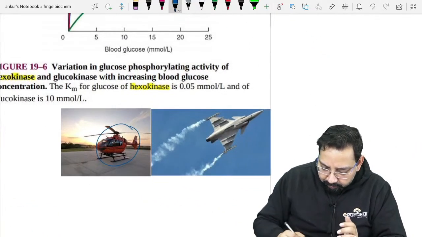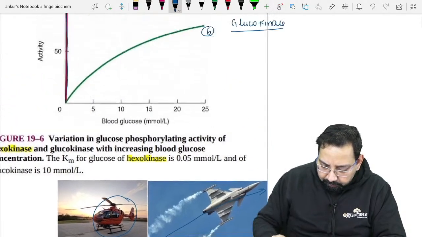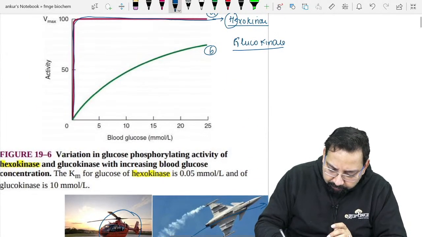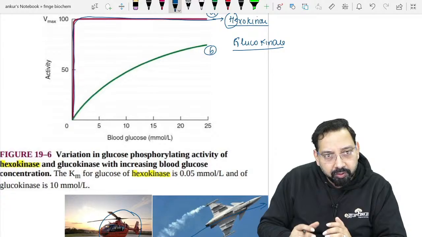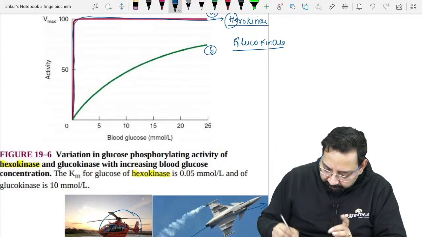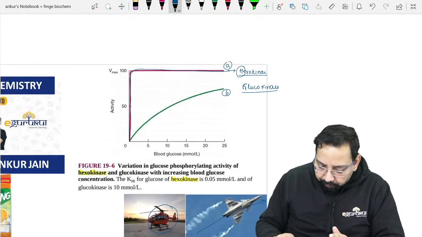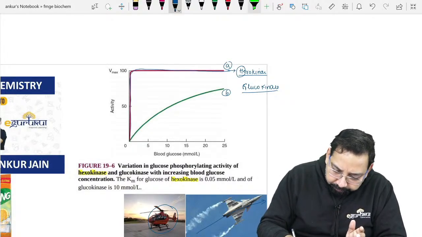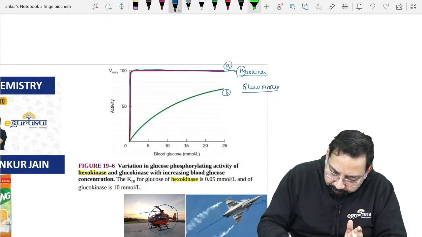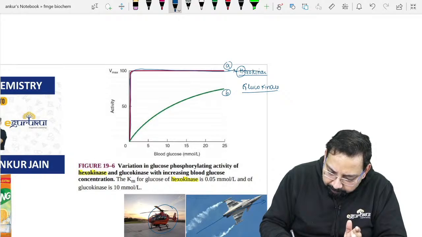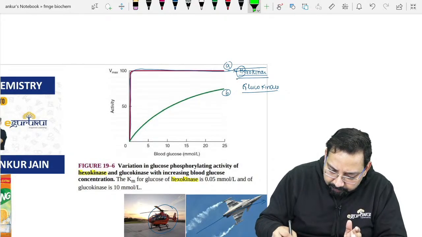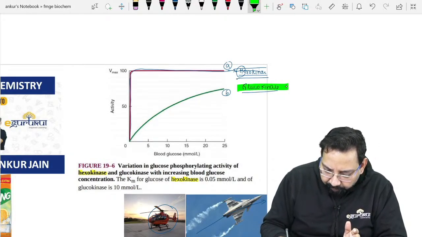You can see a jet flies like this. It is J for jet, but we can pronounce G and J the same. So A is for hexokinase and B for glucokinase. Okay, clear?